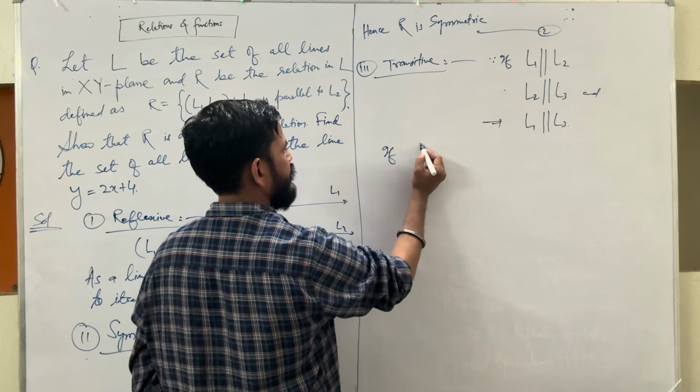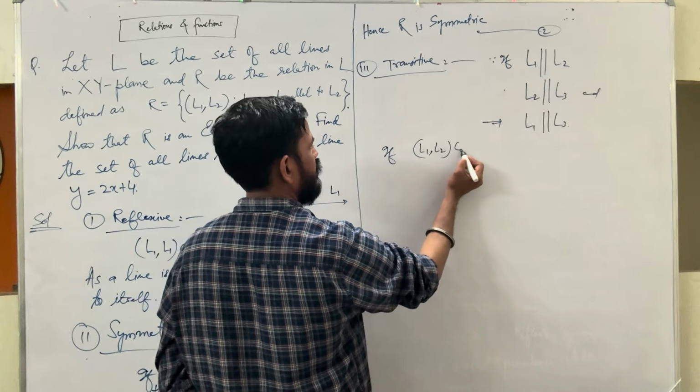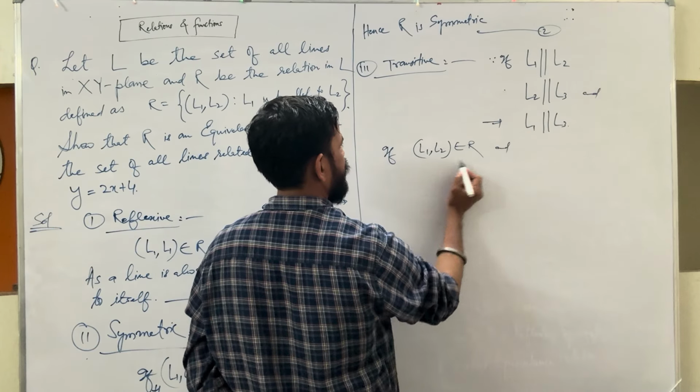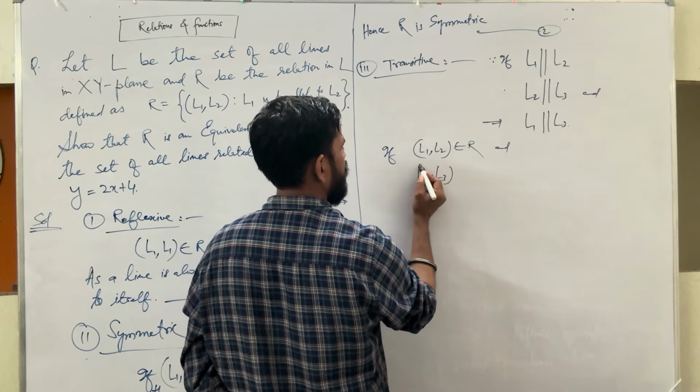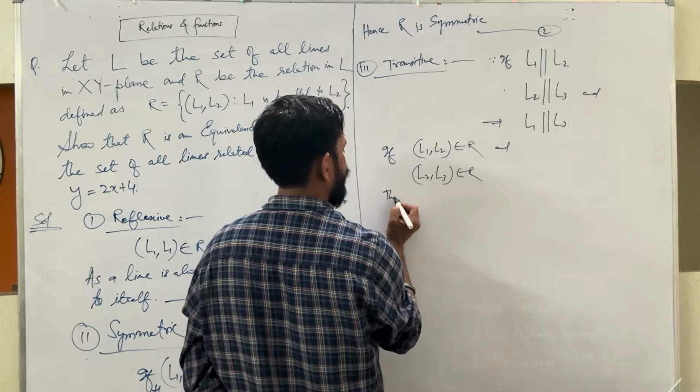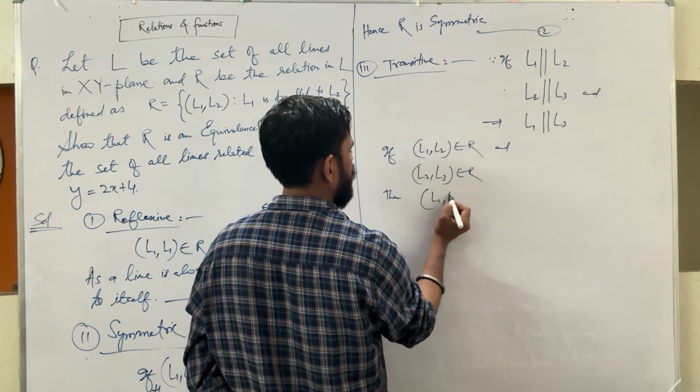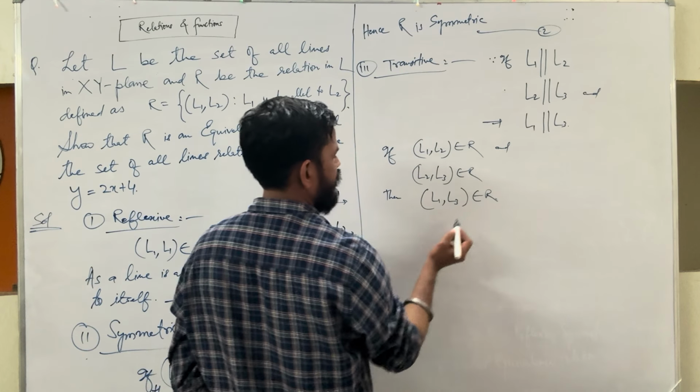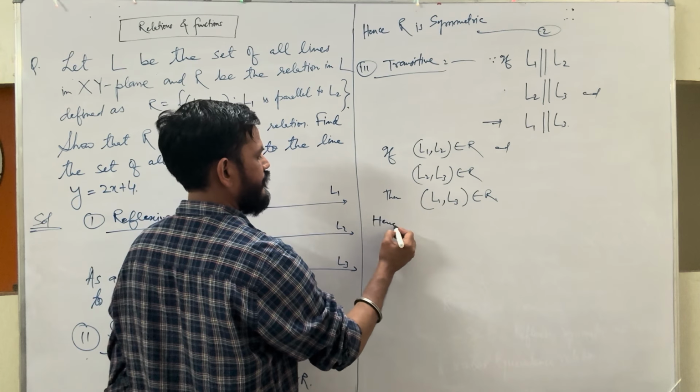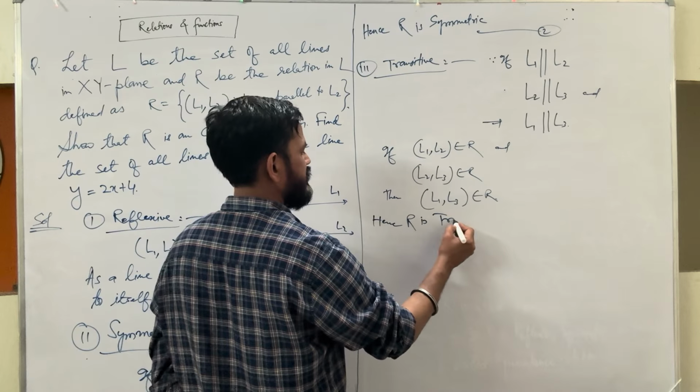So if L1 comma L2 belongs to R and L2 comma L3 also belongs to R, then L1 comma L3 should belong to R. Hence, R is transitive.